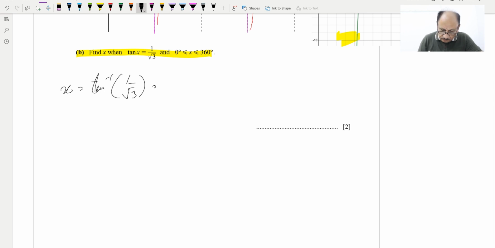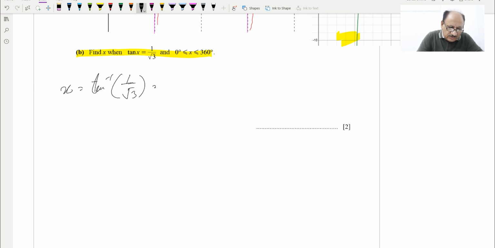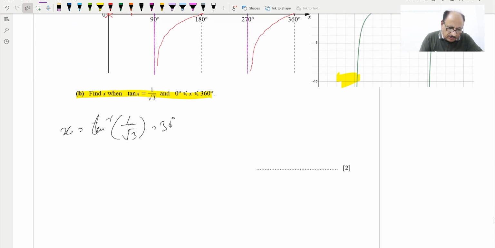If you check, shift tan of 1 over root 3, this will be equal to 30 degrees. The 30 degree angle will be an acute angle, right? This will be the acute angle or the principal angle, which is provided. So we can write this as acute.